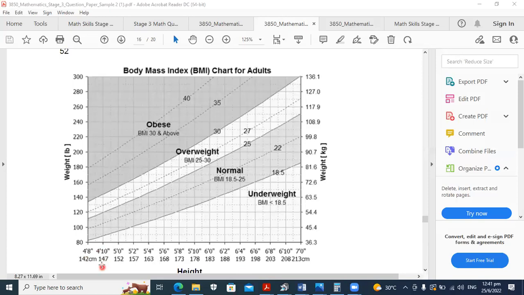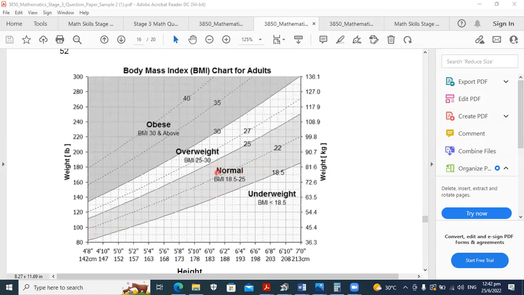Now, on the chart itself, they have some numbers. All right. So let me show you something. So you have 18.5. Look at 18.5. All right. And then you have 25. So what they're saying is, if you fall anywhere between that little gray spot here, you're considered what?